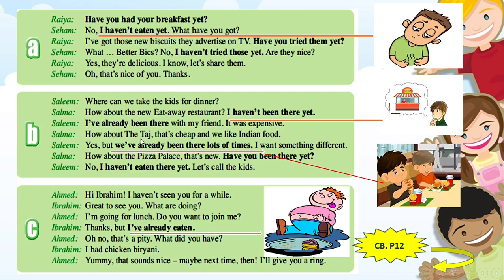Where is the main verb, students? The main verb is been. Excellent. Where is already? It comes before. Nice. Let us look at this example. I have already eaten there. Where is the main verb, students? Eaten is the main verb. So already comes before the main verb.